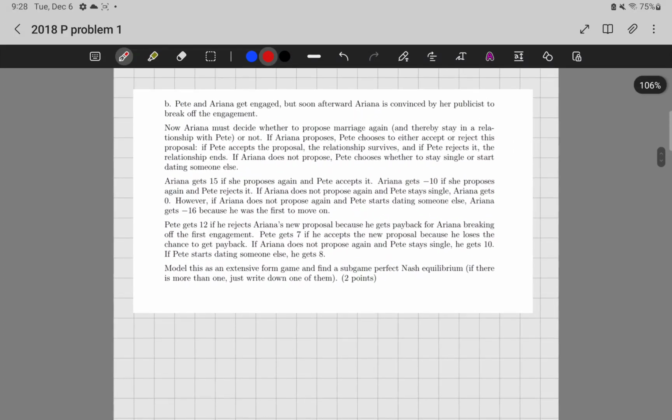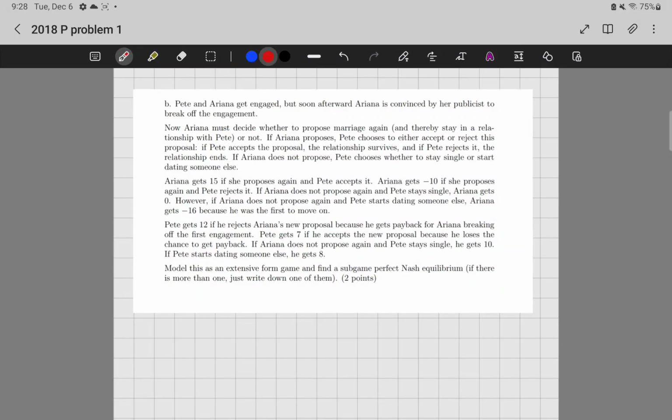Section B says, Pete and Ariana get engaged, but soon afterwards, Ariana is convinced by her publicist to break off the engagement. Now Ariana must decide on whether to propose marriage again and thereby stay in a relationship with Pete or not.